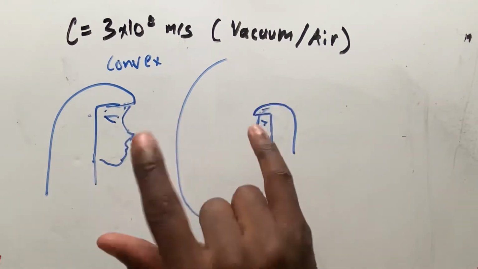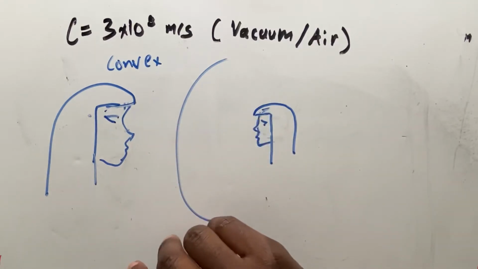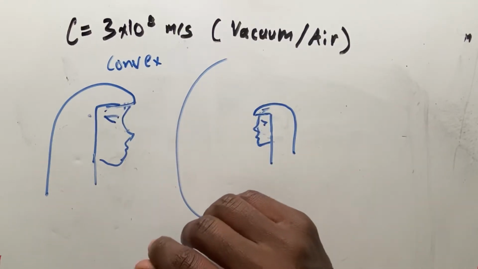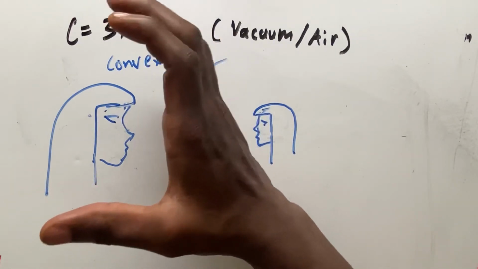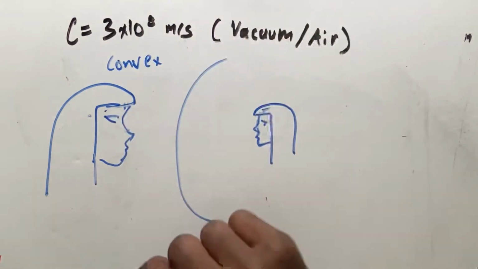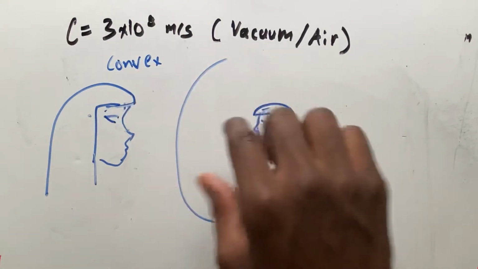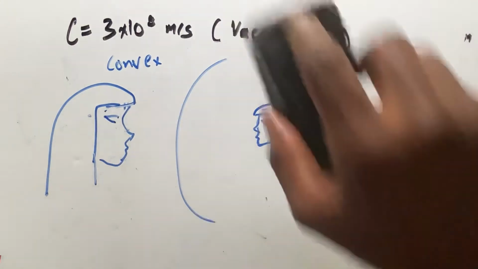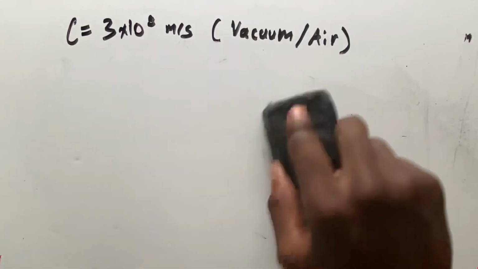That's all you need to know about concave and convex mirrors. Remember, a concave mirror caves in towards you, and you're going to see yourself magnified. Versus in a convex mirror, you're going to see a smaller version of yourself. So now that's reflection.